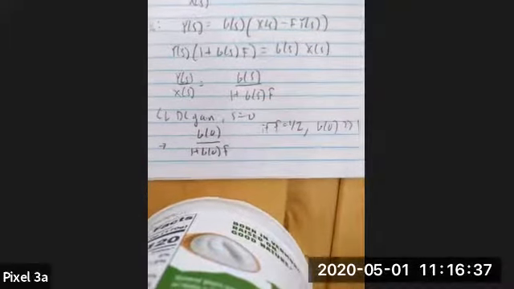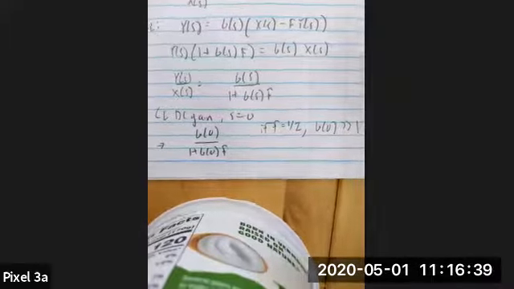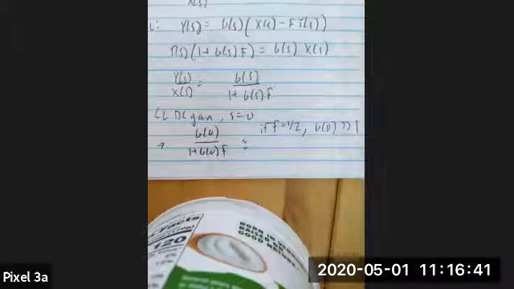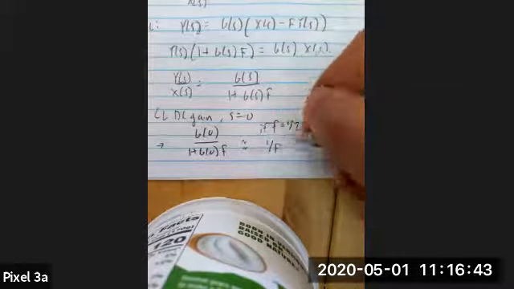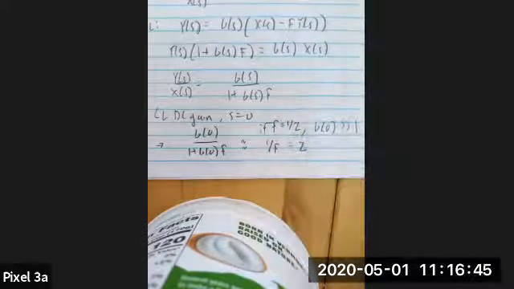So if f is 1/2 and g of 0 is very, very large, much greater than 1, then what we'll see is that this is approximately going to be equal to 1 over f, which is 2.